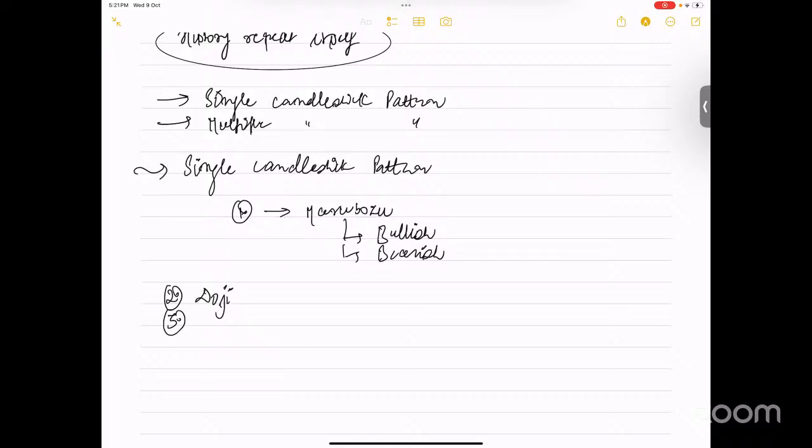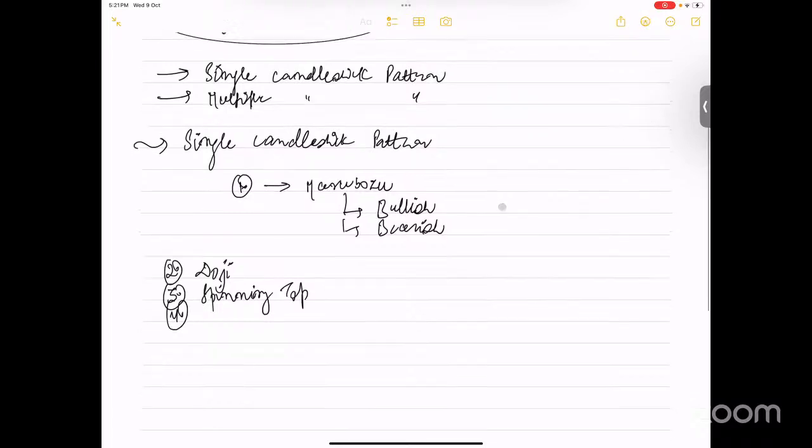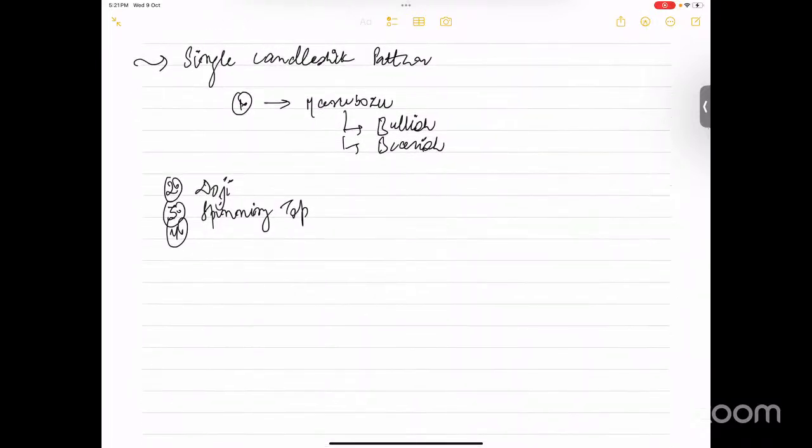Third that falls is spinning top. So that is spinning top. Fourth that comes is paper umbrella जिसके अंदर hammer आता है और hanging man आता है. So fourth is paper umbrella. ठीक है.